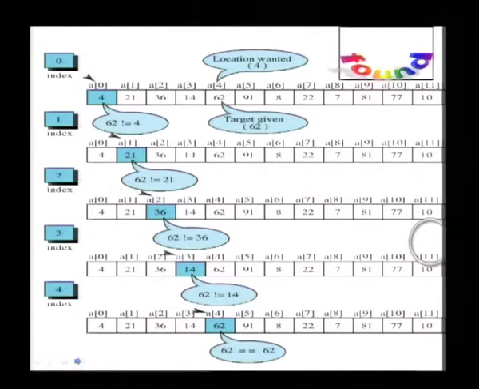Let us look at the basic steps that are to be done. We start by comparing with the element which is at index 0, and the element there is 4.